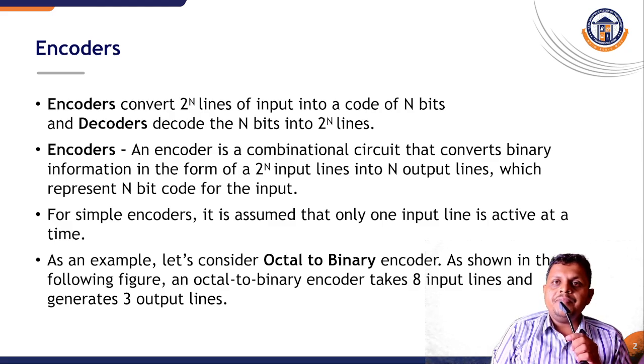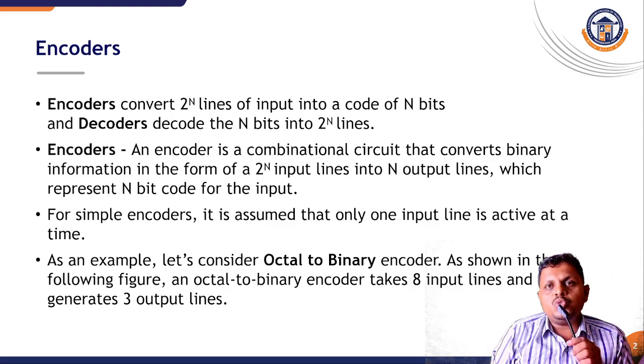If n is 2, then 4 input lines are converted into 2 output lines. Likewise, for n equal to 4, we can have 16 inputs and receive 4 outputs.